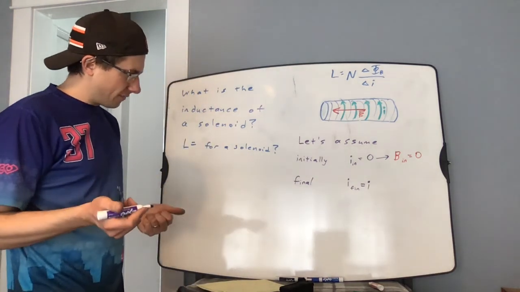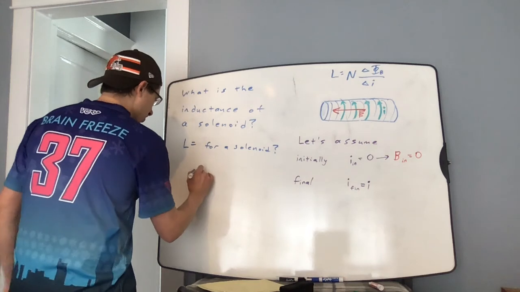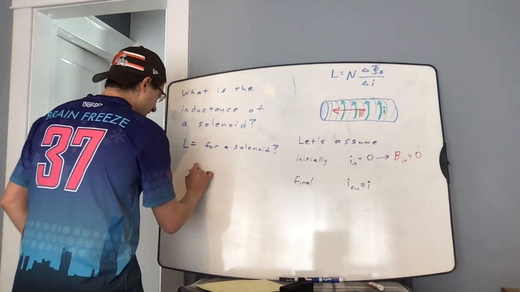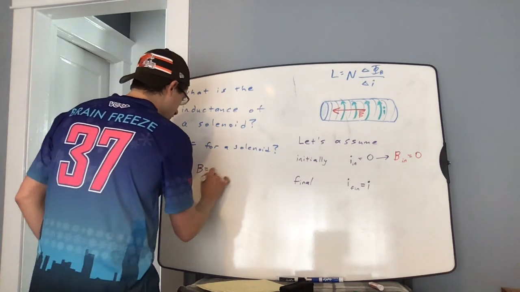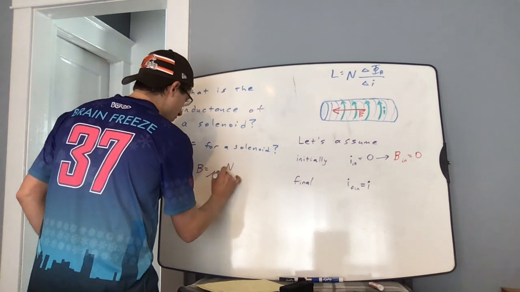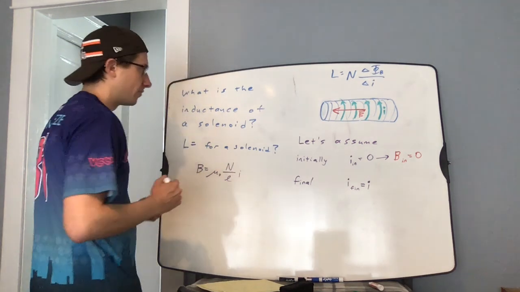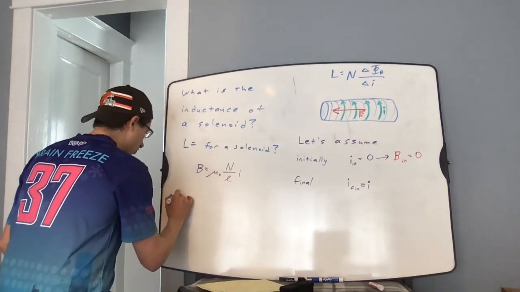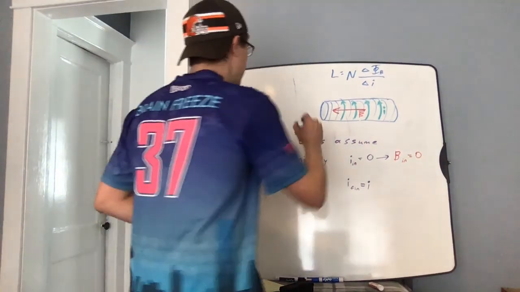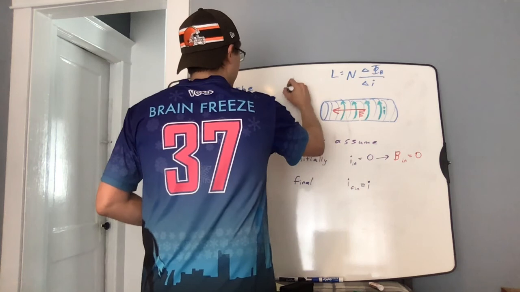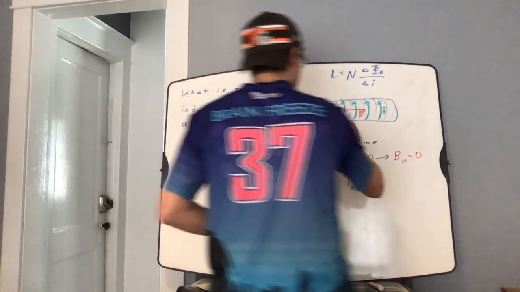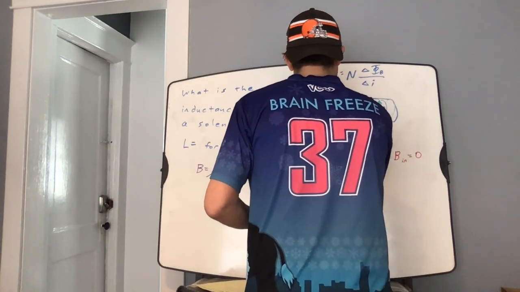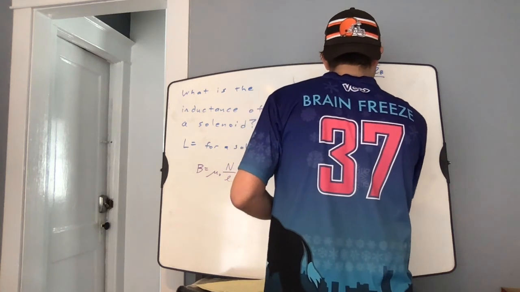Now, we learned that before, the strength of the magnetic field in a solenoid is equal to mu naught N over L times I, where N is the total number of loops of the solenoid, and L, cursive L, is the length of the solenoid.